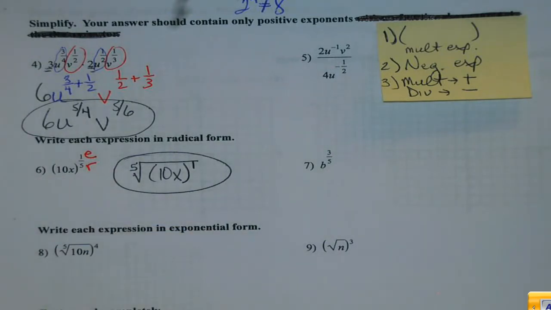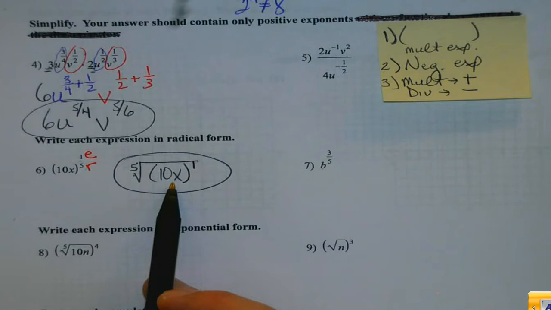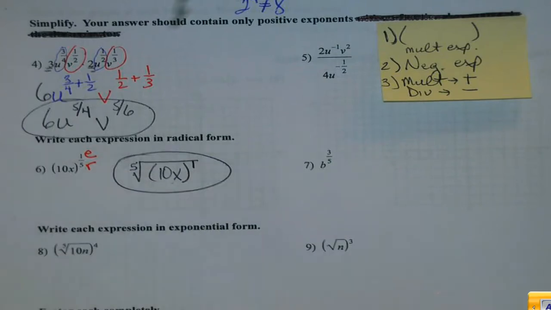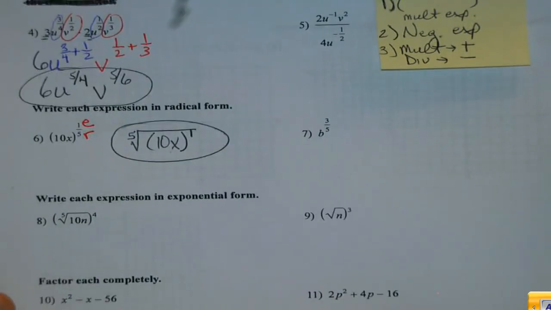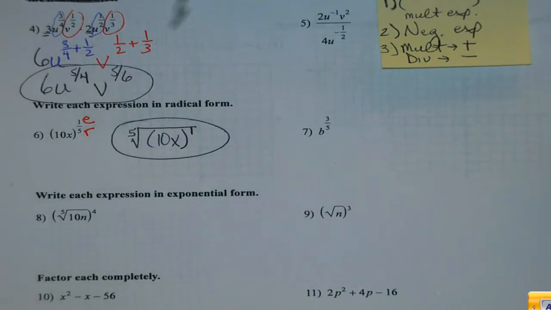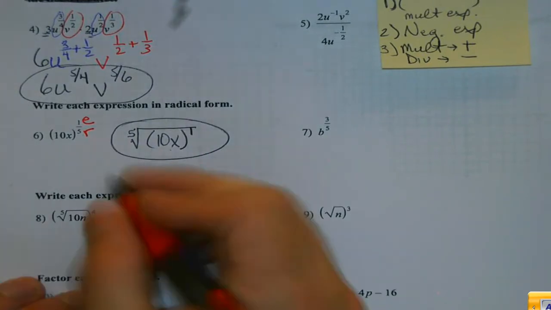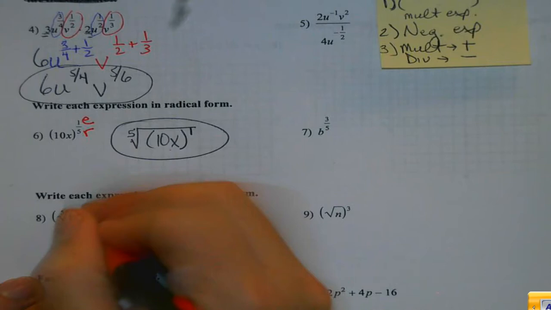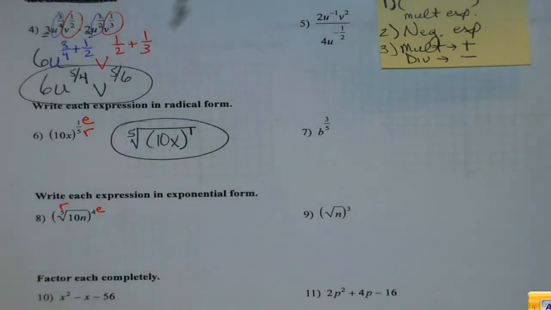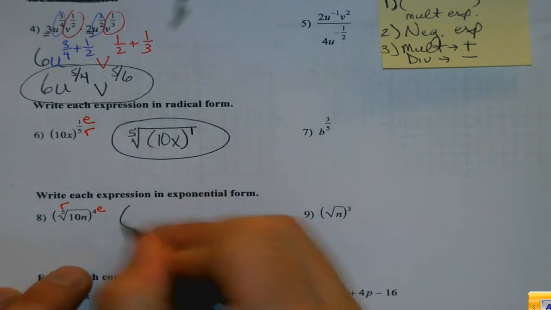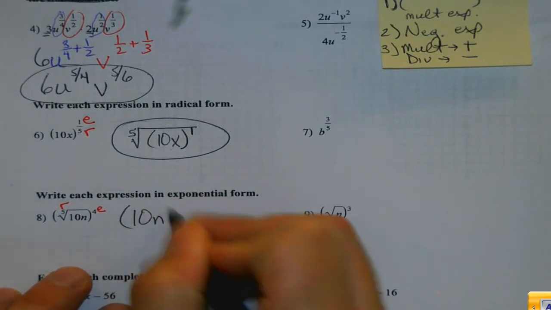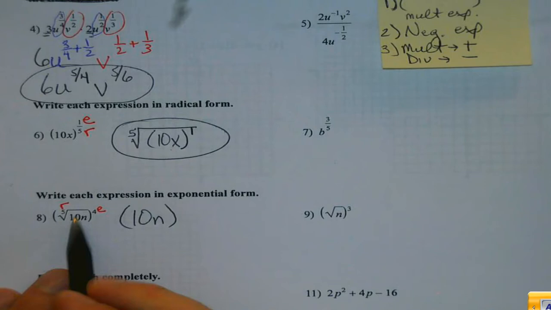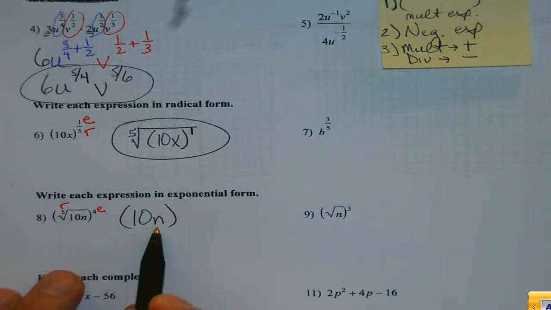And the nice thing is, once I get this one done, and then I've got it done right, when I get to number 8, we're just doing the opposite. Because here is my exponent. Here's my root. And we just got done seeing that when I do it in its exponent form, whatever's under the radical goes in the parentheses.